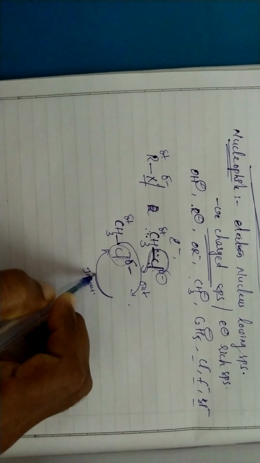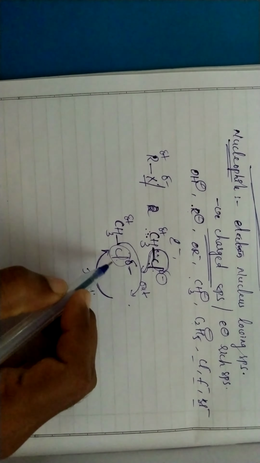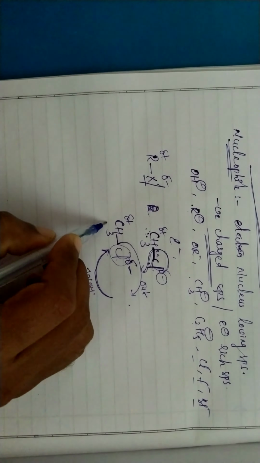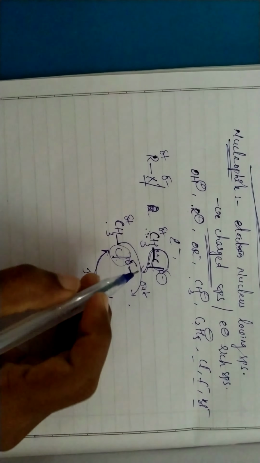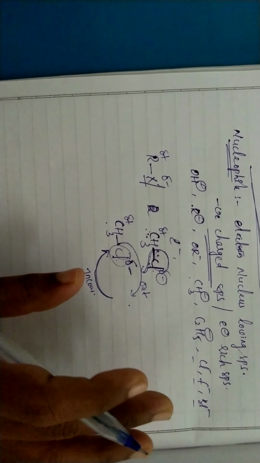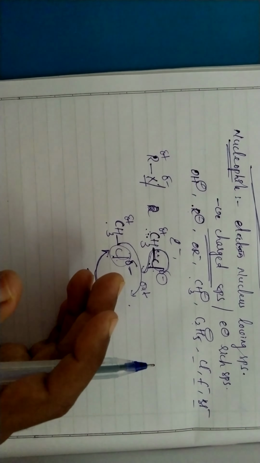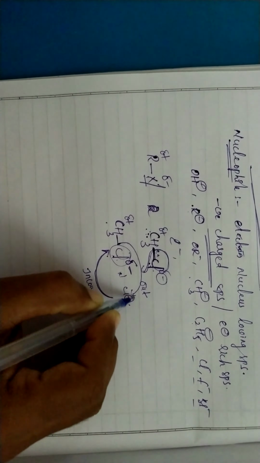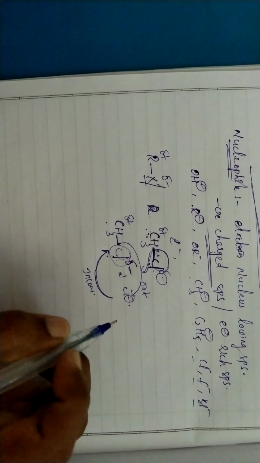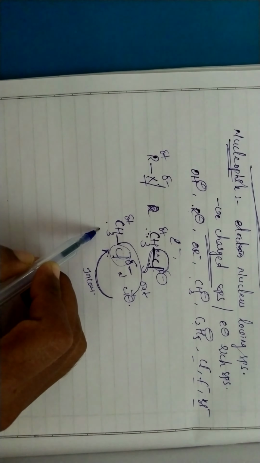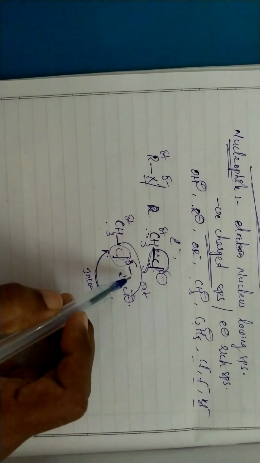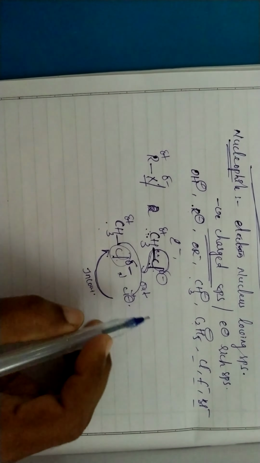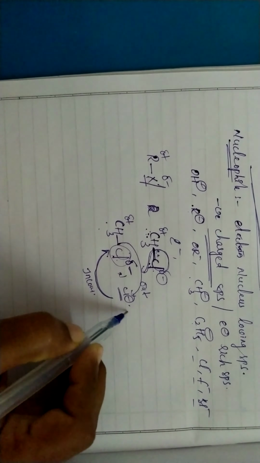Another new atom will come and attack the carbon in the chlorine place. Chlorine is going out in the form of a nucleophile, so Cl minus is leaving the carbon. That is a leaving group, and this leaving group is in the form of a nucleophile.